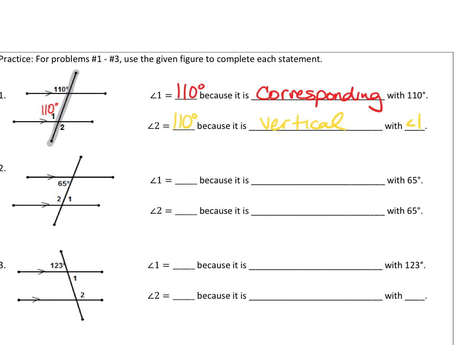So this next one, we're trying to figure out angle 1, but the only number we have is 65 degrees. Looking at your coloring page, is there a certain relationship that looks like 65 degrees and 1? I forgot to highlight my transversal. Let's highlight our transversal. How are 65 and 1 related by an image on our coloring page?